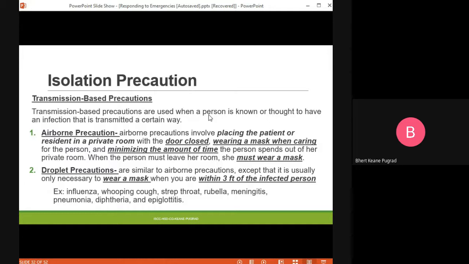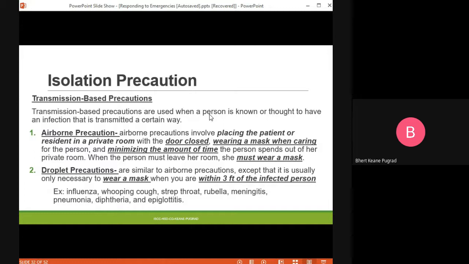And if it so happens that the patient needs to go out from his or her private room, that patient needs to wear a mask. Okay? Bakit kailangan ng airborne precaution? Kasi yung infection ng patient na yun could be easily transmitted. Like for example, ano ba yung mga pwedeng mapasa through airborne? You have your TB, meningitis, okay?